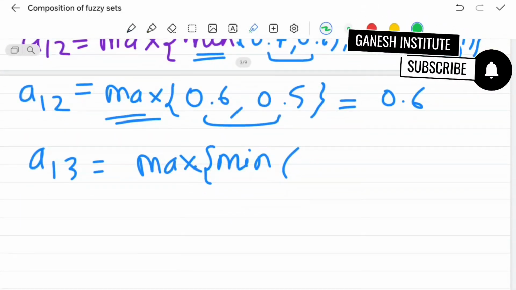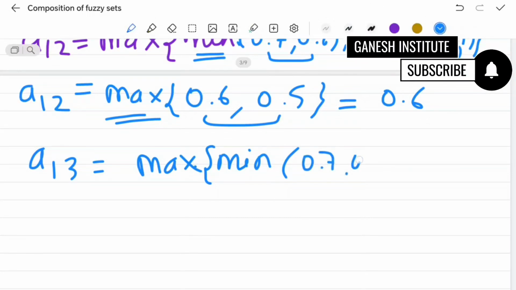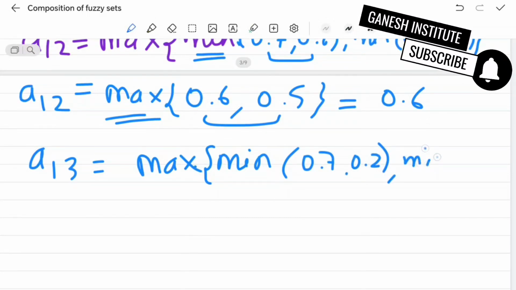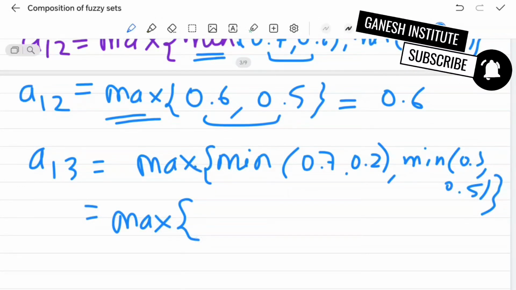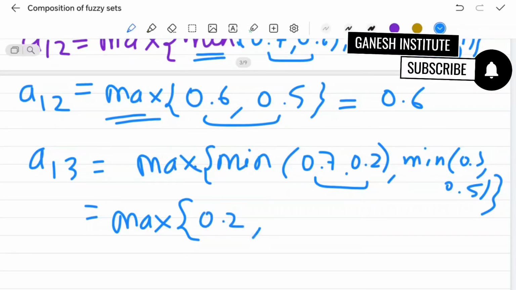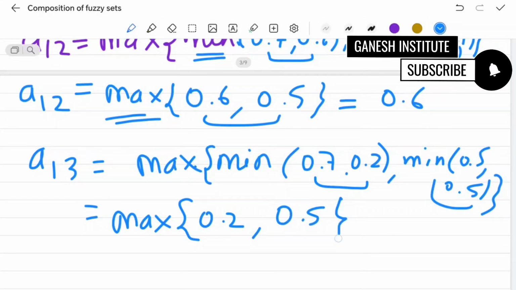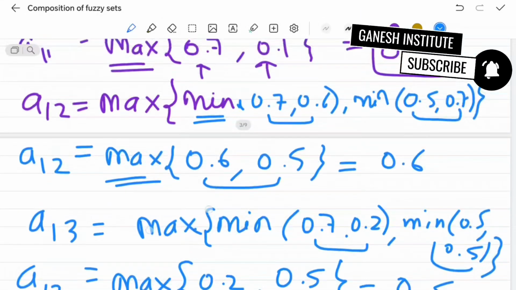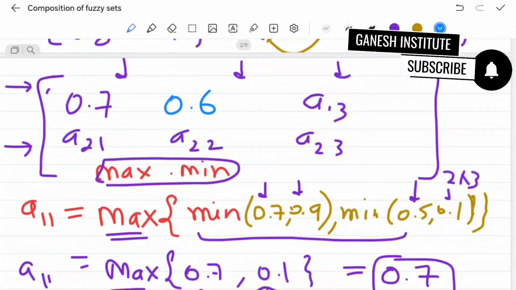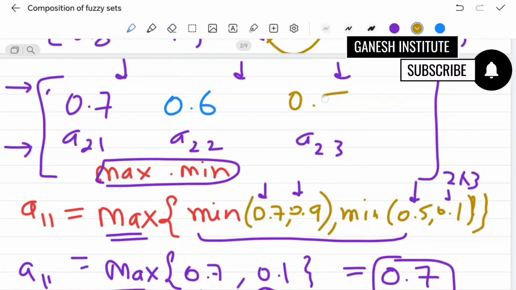So let's write it down: min of 0.7, 0.2, and the second pair is min of 0.5, 0.5. Now the same concept again. The minimum of the first two is 0.2. The minimum of the second two are equal, 0.5, so we can simply write 0.5. What is the maximum of these two? 0.5. So my first row, third column element is 0.5. Let me write it down. Okay.